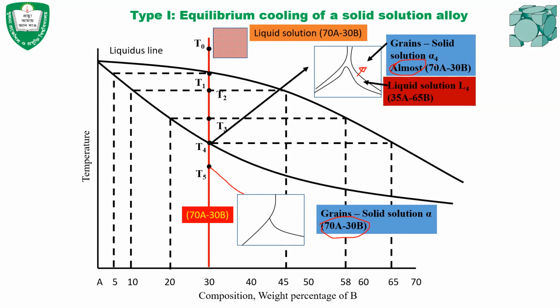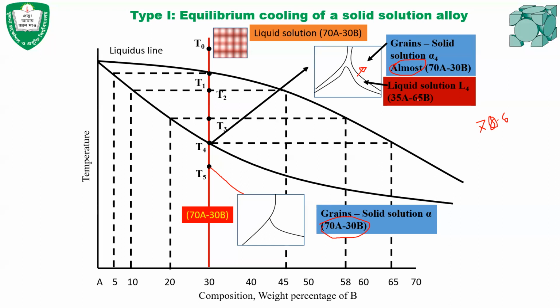And to make it 70A30B, some of the B from the liquid solution diffuses into the solid solution, the solid alpha. And then it becomes 70A30B, or sorry, it will be more than 70 point something, let's say 70.6, and the rest will be B, less than 30%.